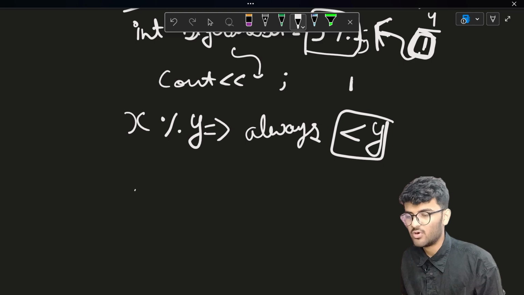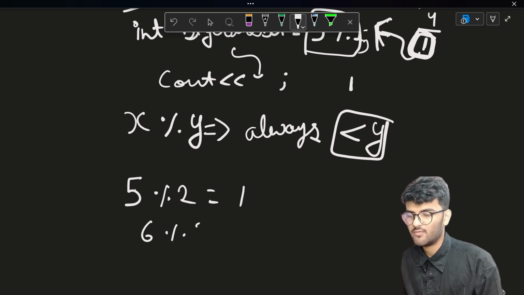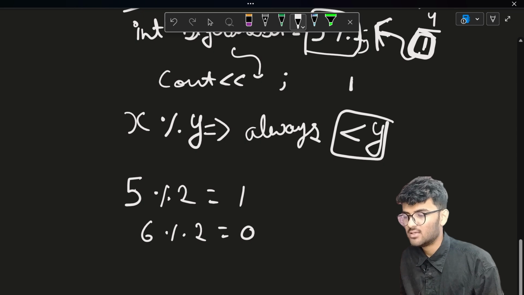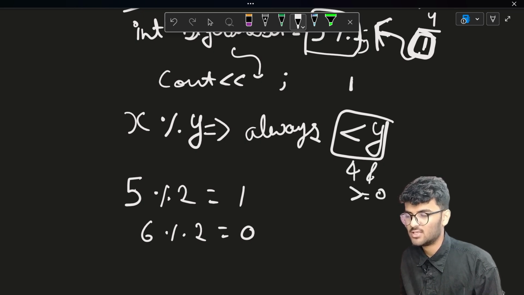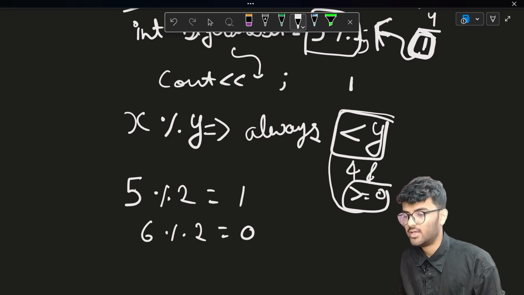Suppose 5 modulo 2 gives 1. 6 modulo 2 gives 0. So the answer is smaller than y and greater than or equal to 0. These are the two conditions for x modulo y, so this is the range of the answer.